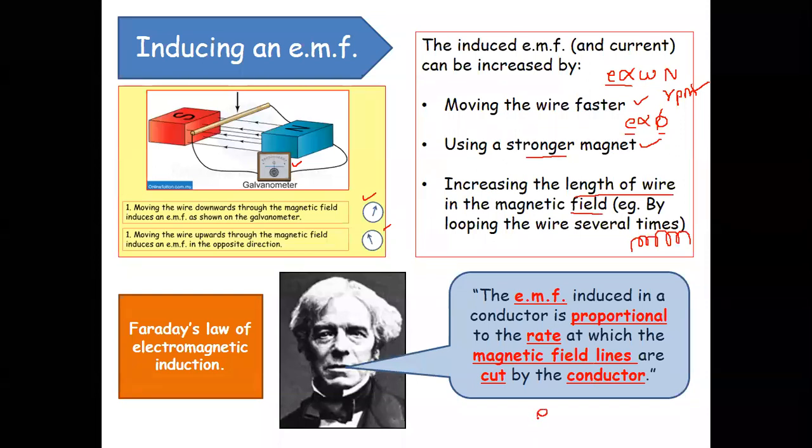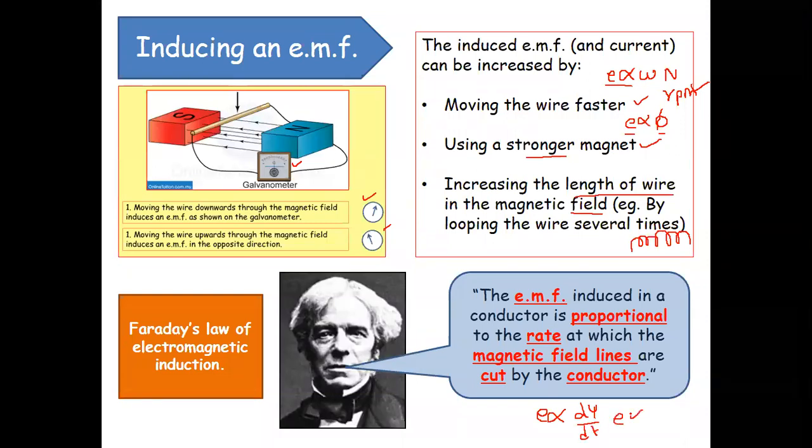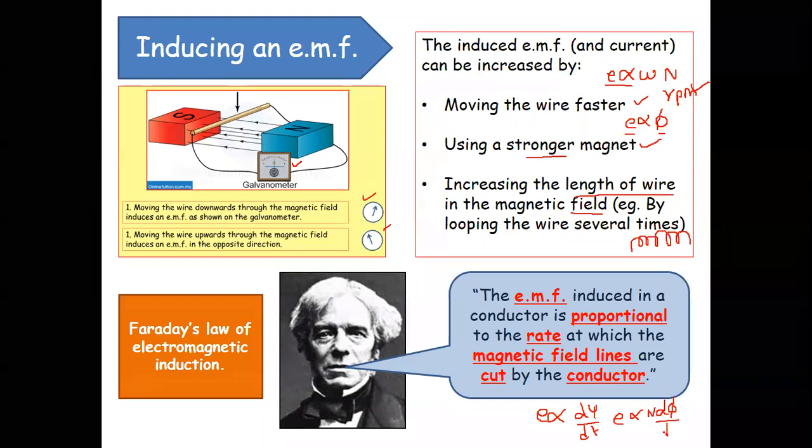So E is directly proportional to d psi by dt, which you might have studied in your physics. What is psi? Magnetic flux linkages. So E is directly proportional to N d phi by dt. N is equal to the number of turns. Phi is equal to flux.